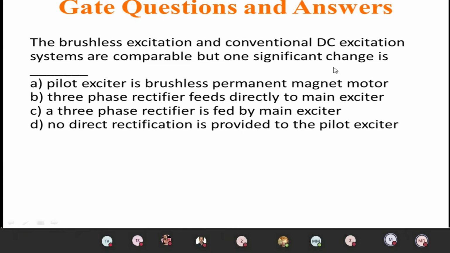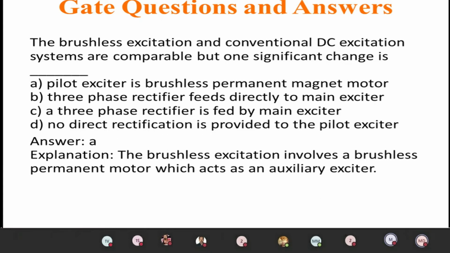The word motor is there to confuse you, but the pilot exciter is excited by a permanent magnet. The brushless excitation involves a brushless permanent magnet motor which acts like an auxiliary exciter.